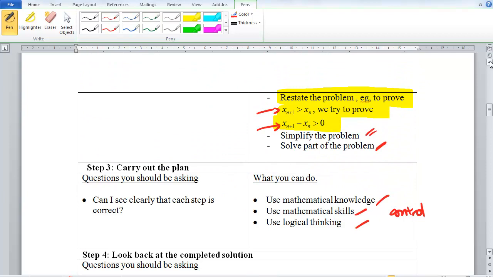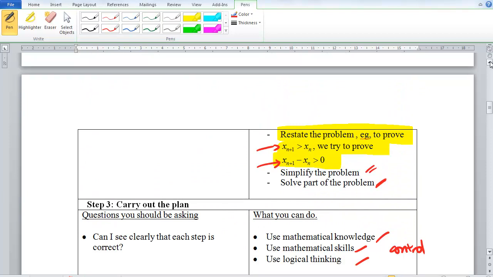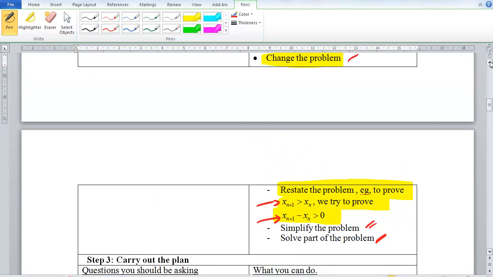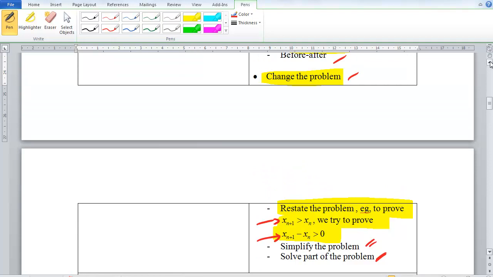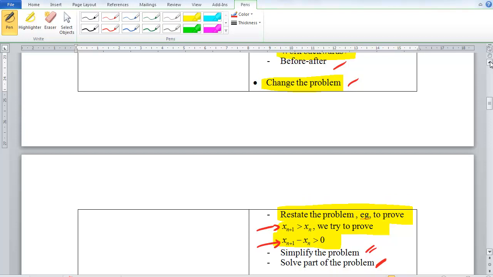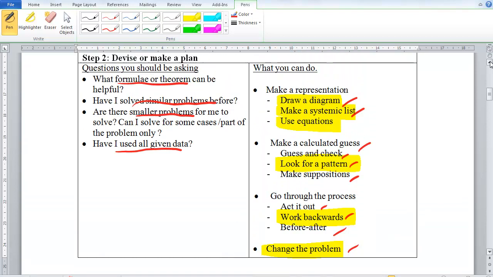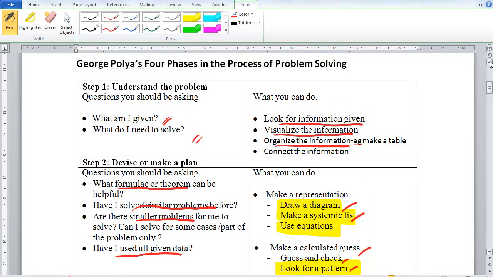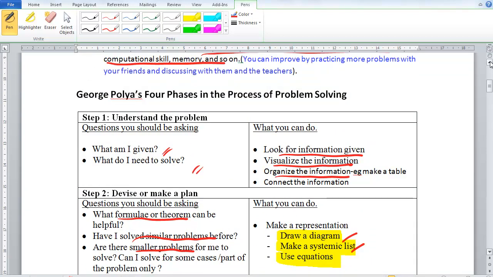Well, carrying out the plan, we may note that the strategy may not be appropriate, or there may be certain conditions that we might have missed out, and we will go back to re-understand and reinterpret the problem, or maybe we want to check whether we have missed out any information again.